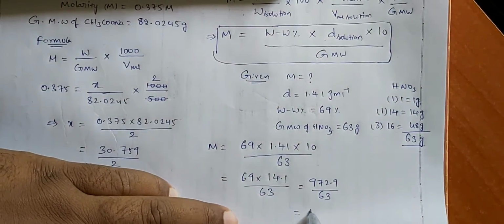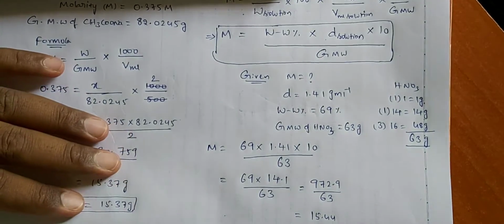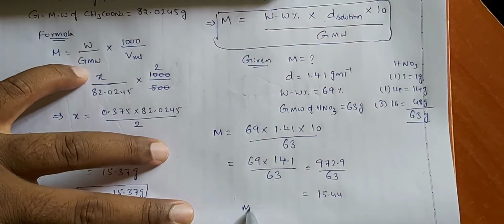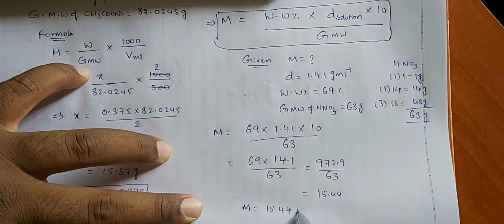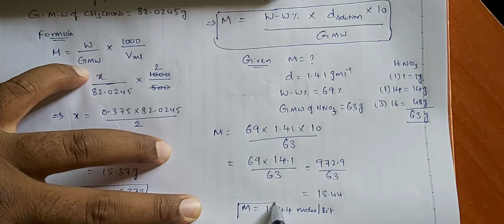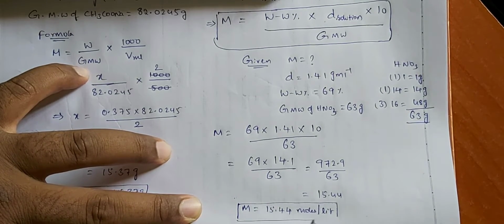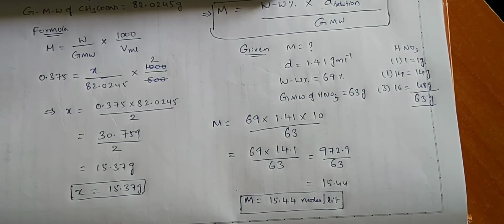That is 15.44 moles per liter. Answer is capital M is equal to 15.44 moles per liter, because molarity units are moles per liter. That is the answer for this 1.6.